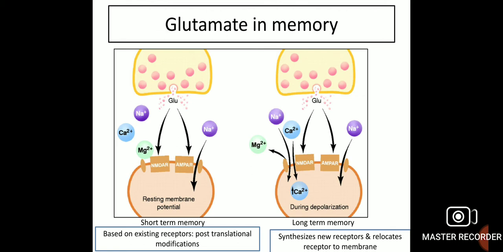This is how long term memory works. But in short term memory, only the existing receptors, or post translational modifications, are involved. Long term memory needs creation of new receptors.